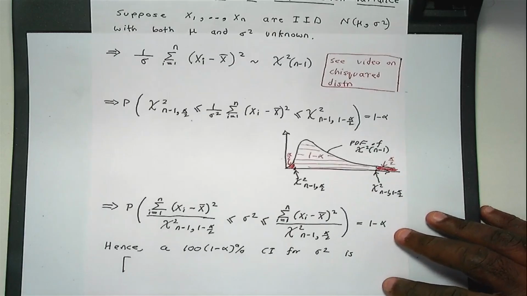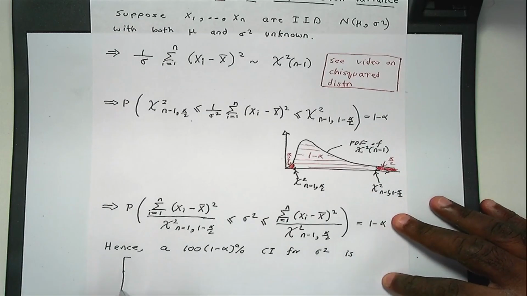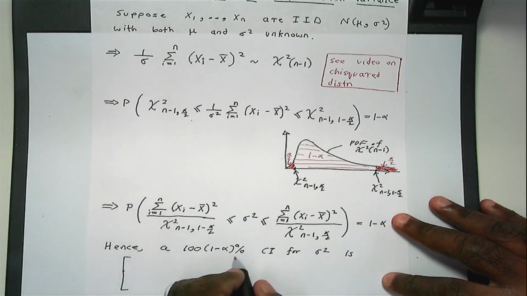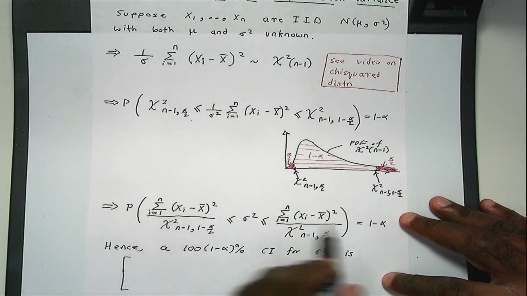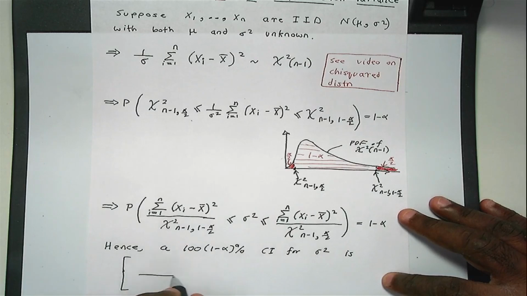So the 100 times 1 minus alpha % confidence interval for sigma squared is this to this. So the lower limit is this. This is the lower limit.